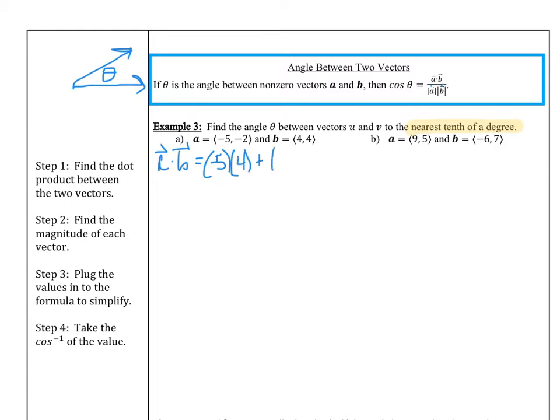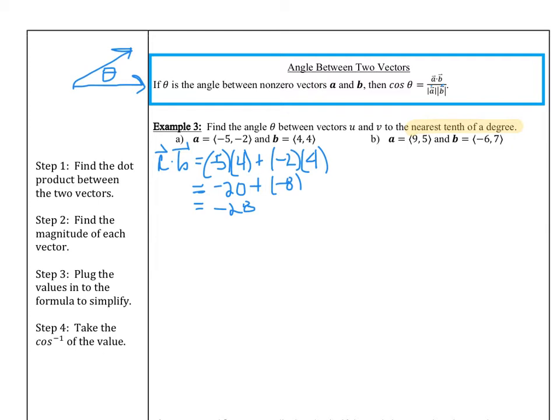And then I'm going to add and multiply my y-coordinate of vector A times my y-coordinate of vector B. So I'm going to simplify that, multiply my x's, and multiply my y's, add them together, and I'm going to get -28. Okay, so that's going to be the numerator that I'll use to find my angle.